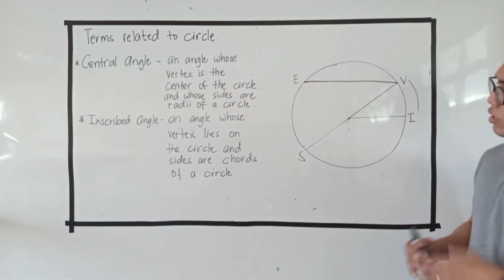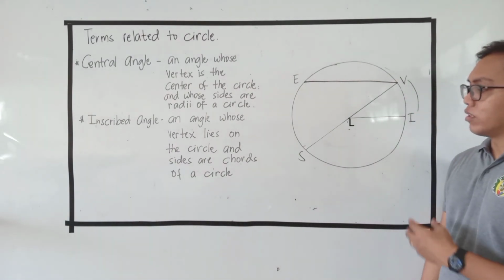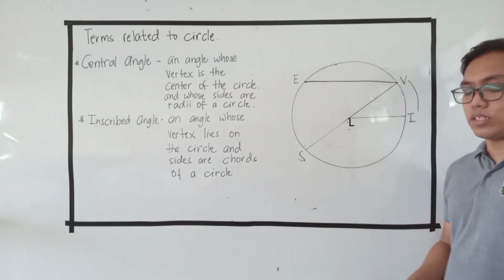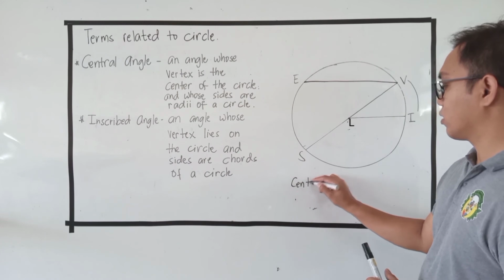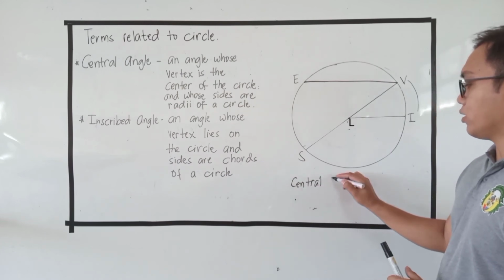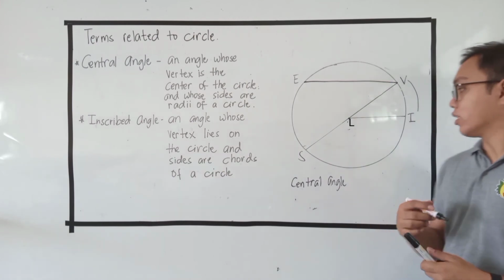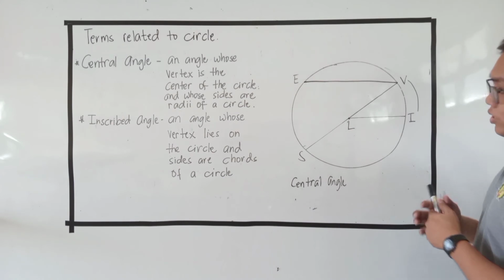Let's go back again to circle L. What are the examples of central angle and inscribed angle on this circle? The central angles on this circle are here.